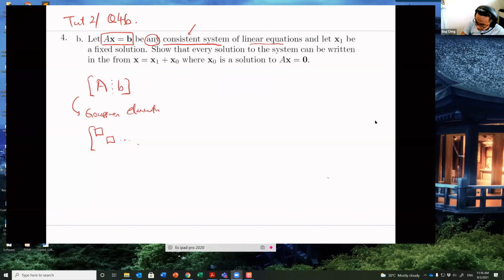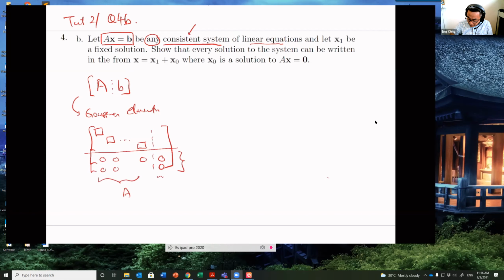But the important thing is that you end up with zeros at the bottom, such that on the right-hand side it is also 0. This is the important part. When the system of equations is consistent, after Gaussian elimination we end up with 0 rows for the A and the B also 0.